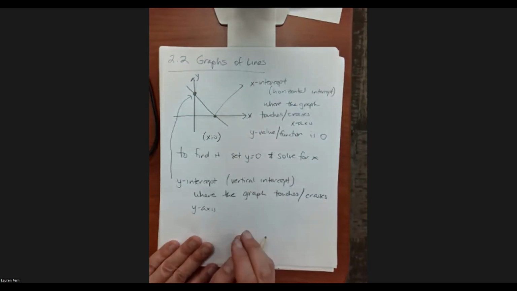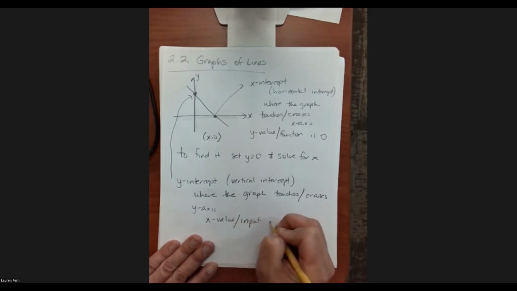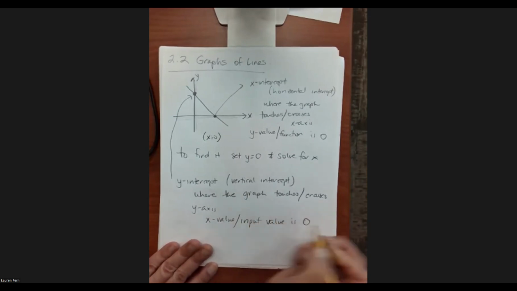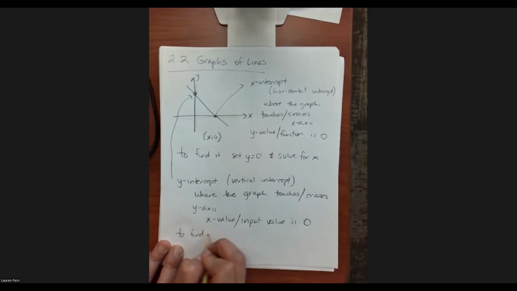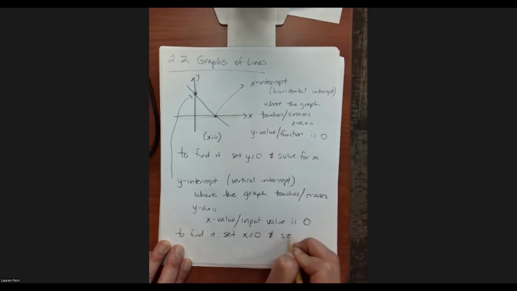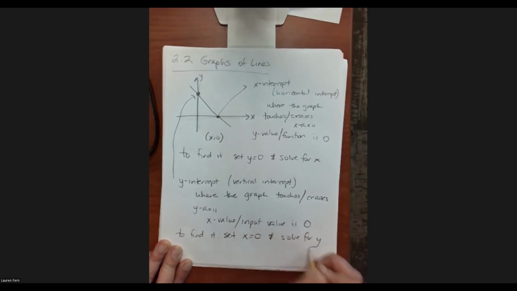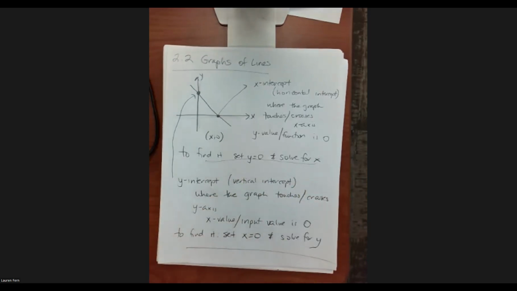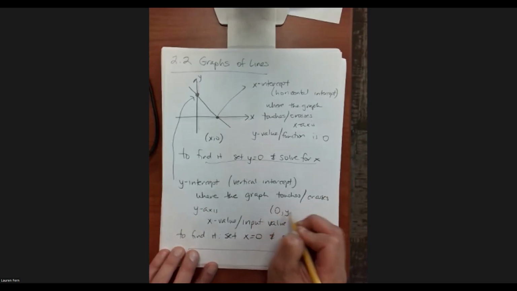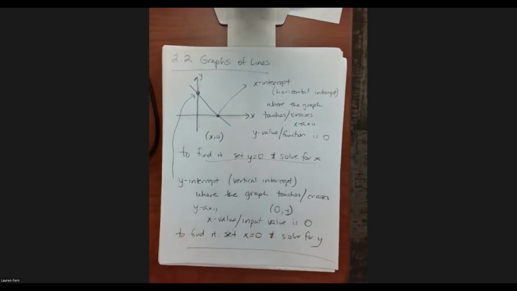No. So what is always true? Yeah, your x value or your input value is 0. So to find this, given an equation, you set x equal to 0 and solve for y. These two things are really crucial. And this has the form (0, y). My hope is that you're all going to link it to that b value, because that's precisely our y-intercept.